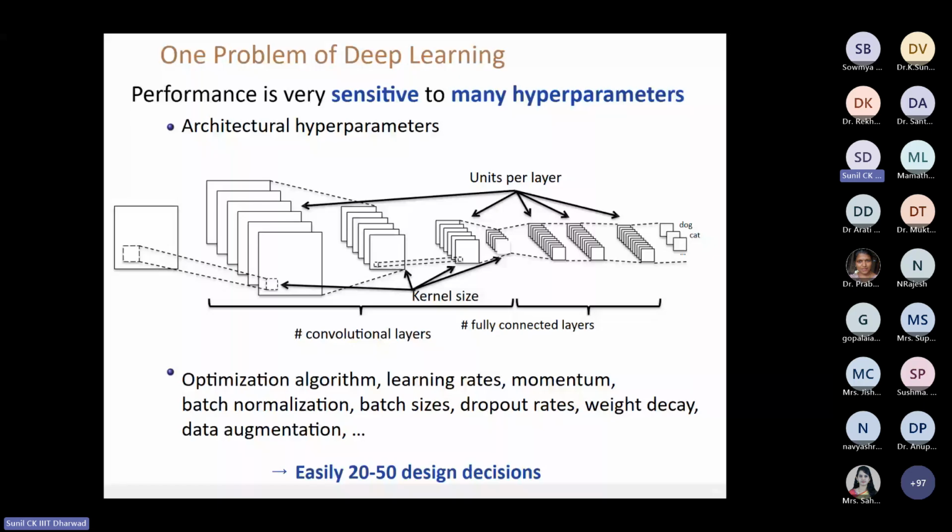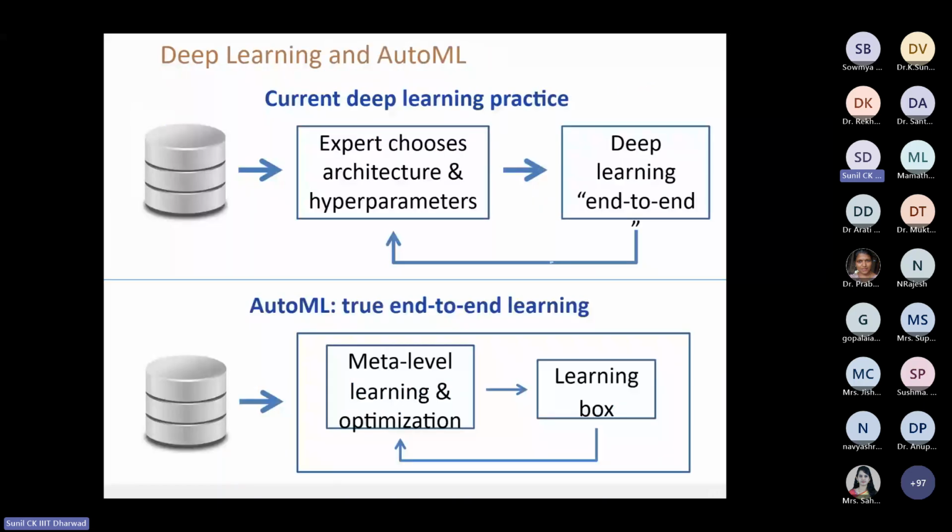So deep learning and AutoML: in current deep learning practice, the expert chooses the architecture and hyperparameters. For example, you are developing a model and you choose some architecture based on your experience and the literature you have reviewed. You feel that this architecture will work for your task.